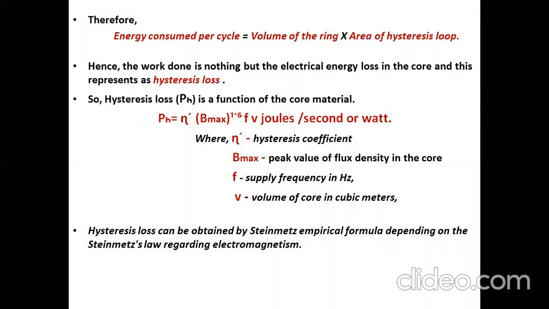So, hysteresis loss Ph is a function of the core material, that is Ph equals η Bmax^1.6 F V joules per second or watt, where η is the hysteresis coefficient, Bmax is the peak value of flux density in the core, F is the supply frequency in hertz, and V is the volume of the core in cubic meters.